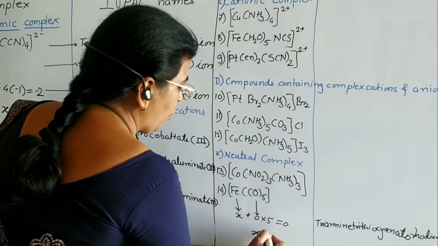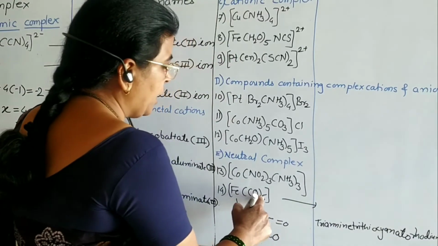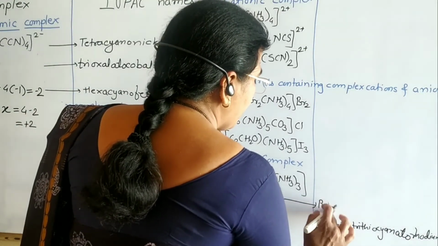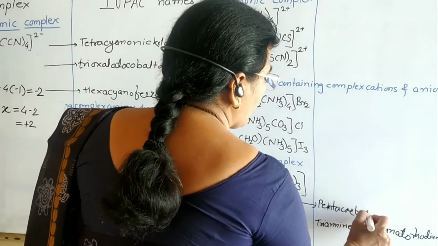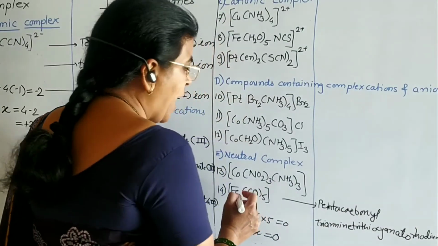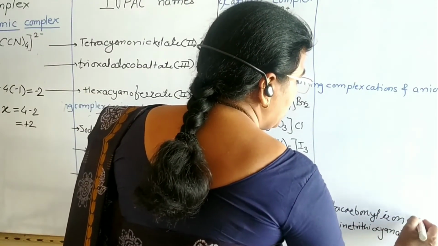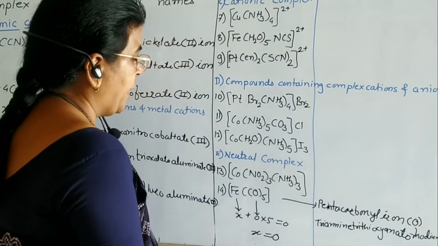Therefore the oxidation state of iron is 0. Now the name of this complex is, since there are 5 carbonyl groups, pentacarbonyl. Now it is iron, and the oxidation state of iron is 0, therefore write 0 in the bracket.